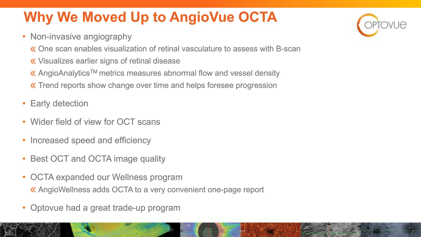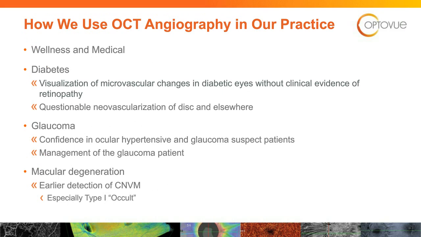And they had a great trade-up program at the time, so it just made it a no-brainer. I just did a talk recently, and I know those trade-up programs are still out there and pretty robust, so reach out to your local representative.